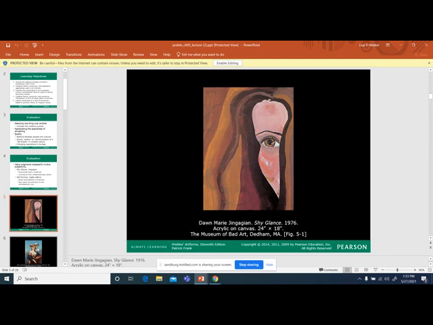It's a bad painting. But it's an engaging painting. When you look at that, you feel that kind of cringy peeking out from behind your hair feeling that you sometimes get when you're just like, oh, I can't deal with this. Especially with the title Shy Glance. It seems intimate and personal.